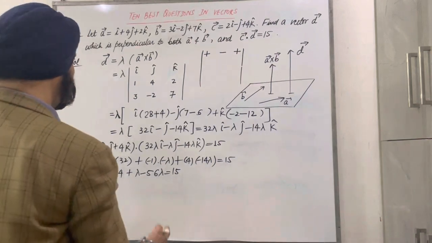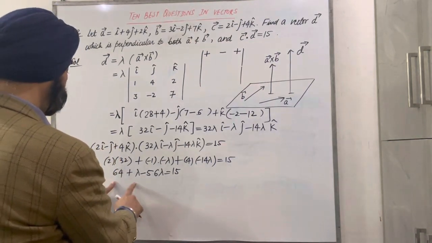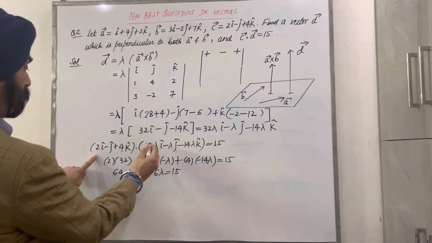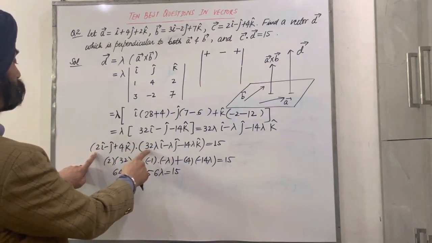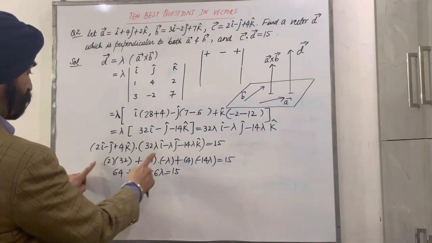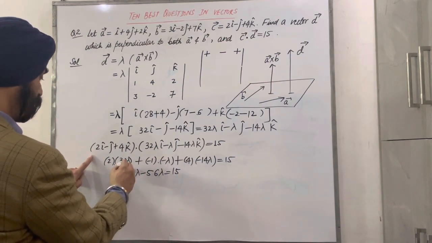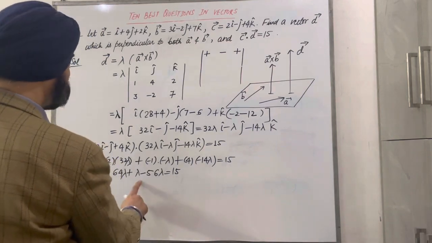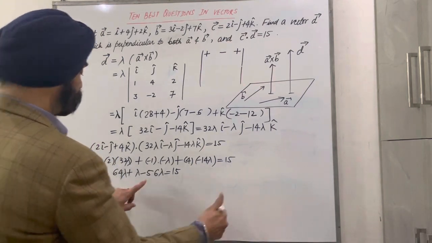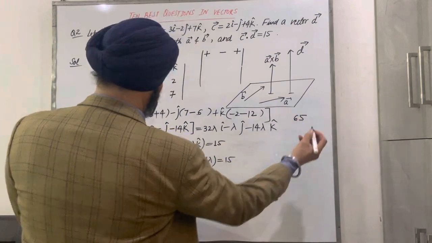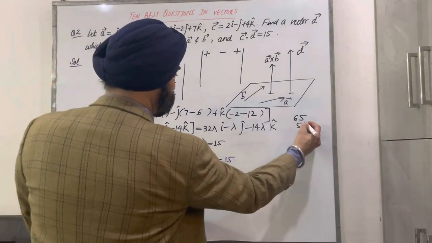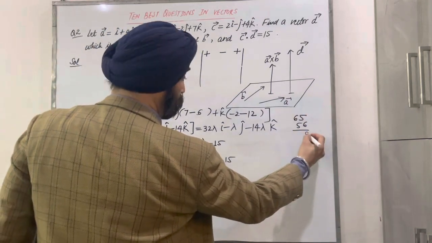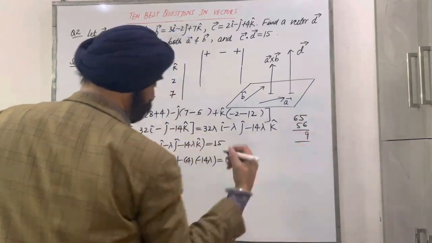Let us simplify this. We should write lambda as well. We have missed lambda, so 2 32s are 64, but of course lambda, this is 32 lambdas. We correct it here itself. So this is 64 lambda plus lambda, 65 lambda, 65 lambda minus 56 lambda. 15 minus 6 is 9 and 5 minus 5 is 0.